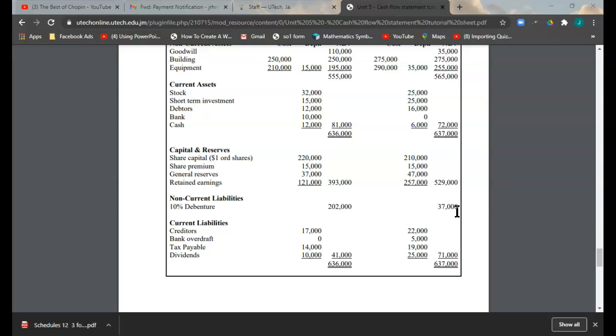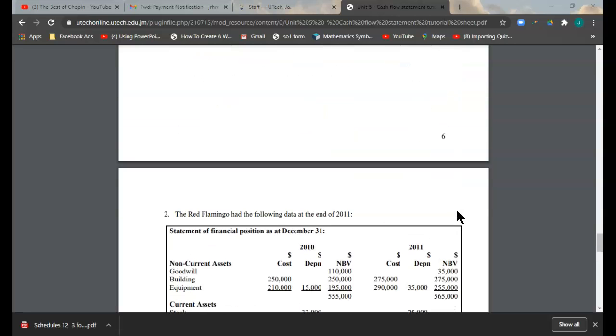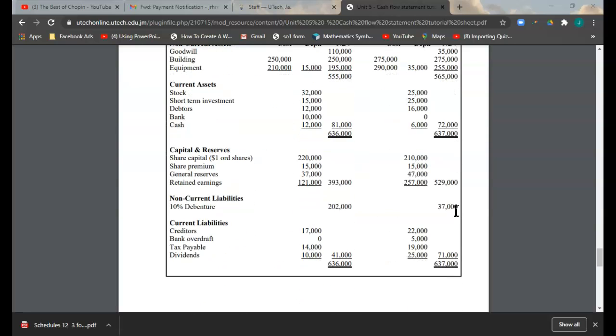And in this case, for 2011, the interest proper for the question is 10% of $37,000, which is $3,700. And so we will have to do some T accounts for that.